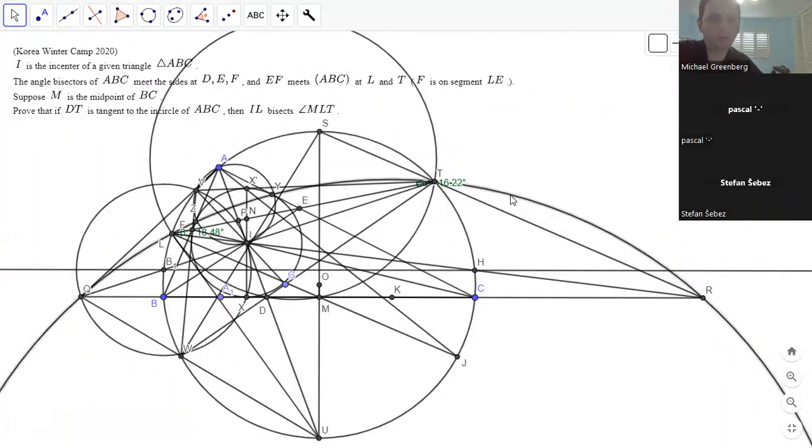Oh, so basically showing this is cyclic. If this is the midpoint, so yeah, if we knew that it's the midpoint, then it would prove this bigger one is cyclic.